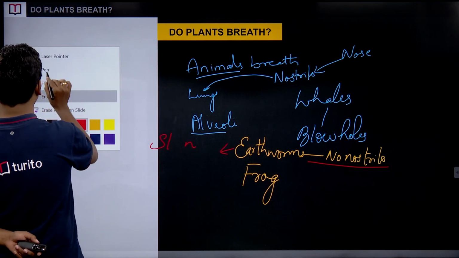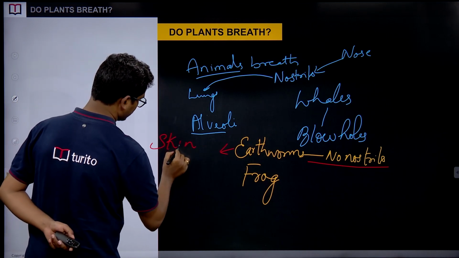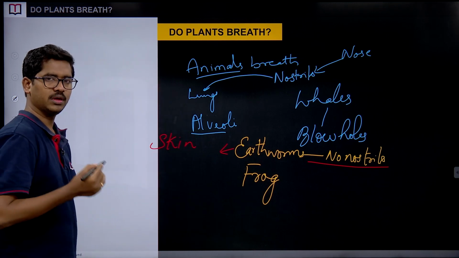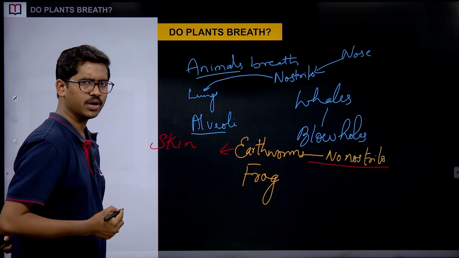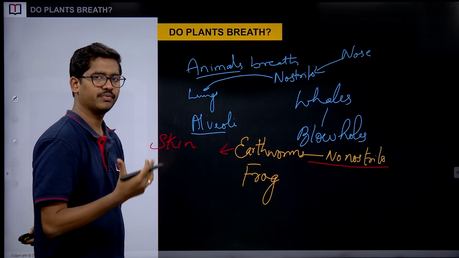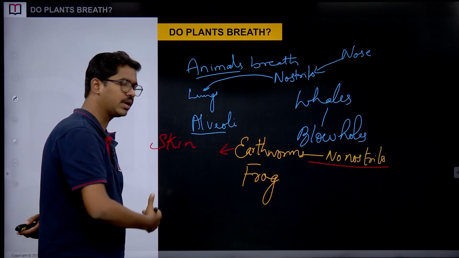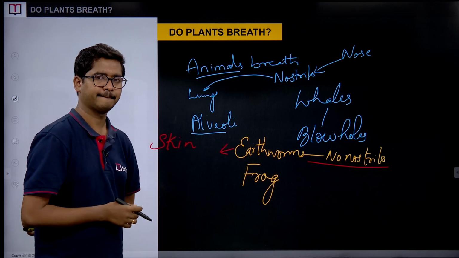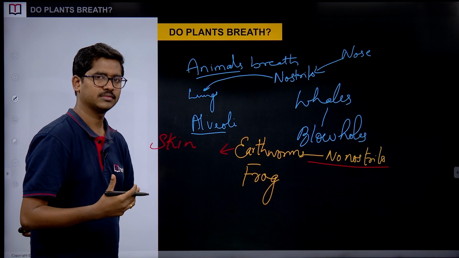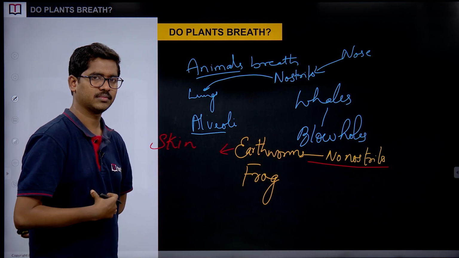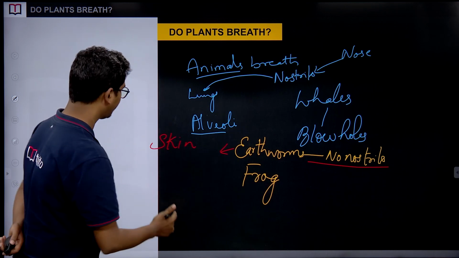That's quite simple, right? When they use their skin, we have a specific name for that, isn't it? Do you remember that kind of respiration done by skin? Come on, children, you can do it. Okay, let me put it here again.